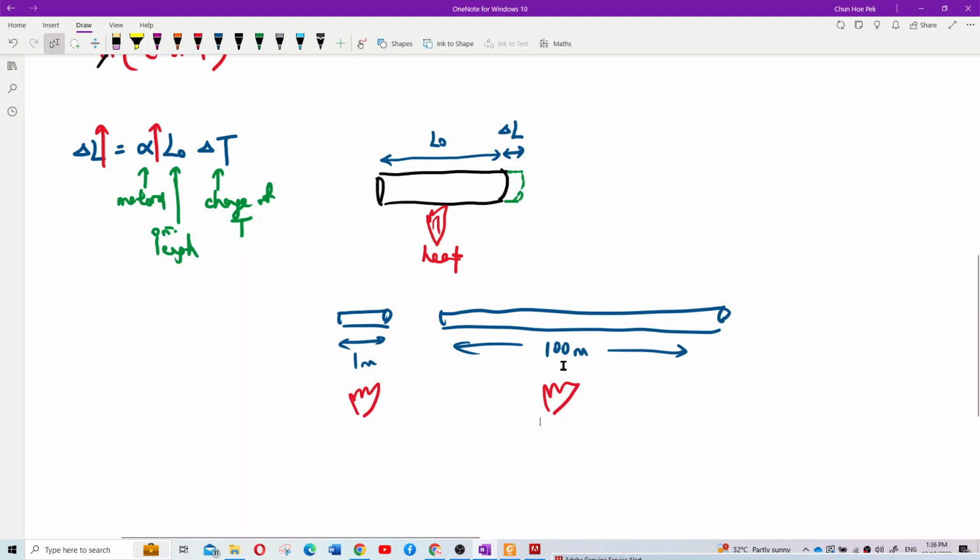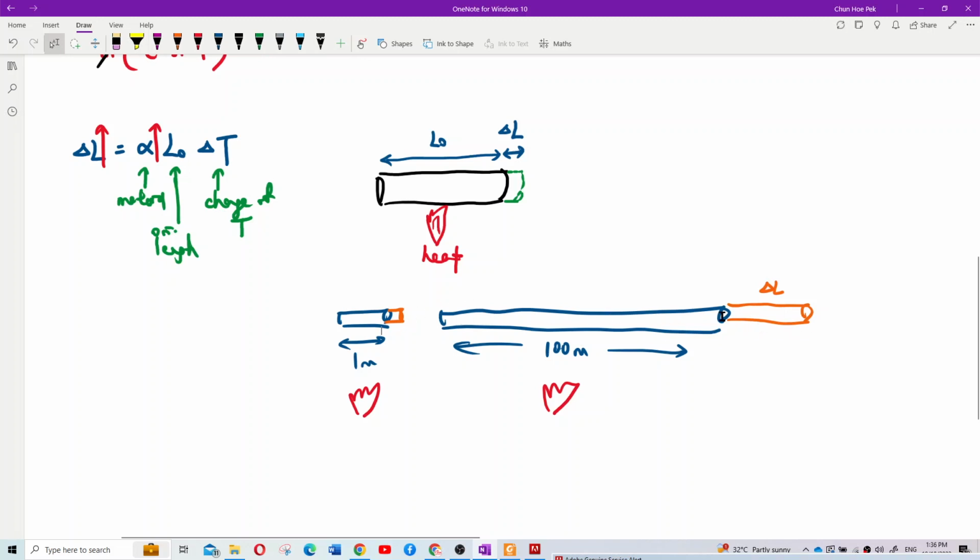Of course, the one with longer initial length, L naught, isn't it? This one will of course expand much more compared to the short one. The delta L, of course, is much more. This one expands maybe only a little bit, isn't it, class?